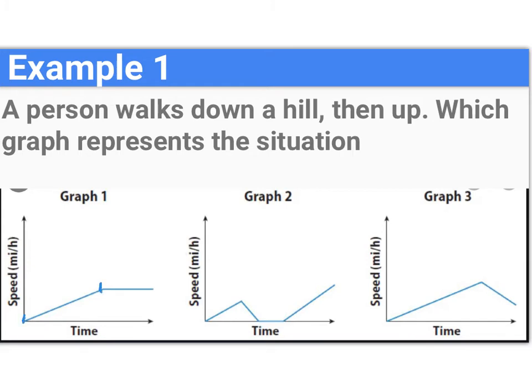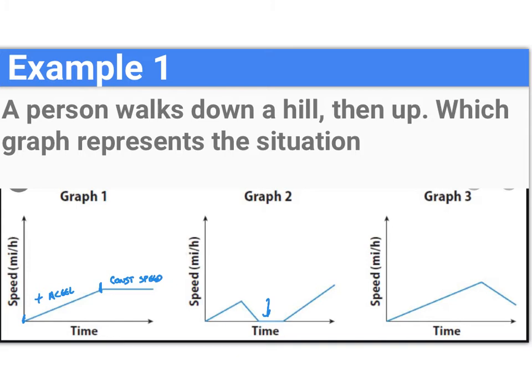This would be better. This is positive acceleration. From here to here is constant speed. This part right here at 0 means it stopped for some time.